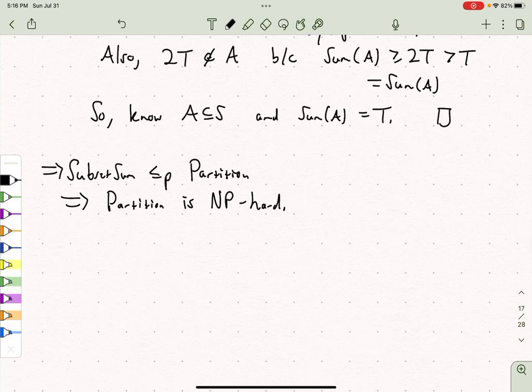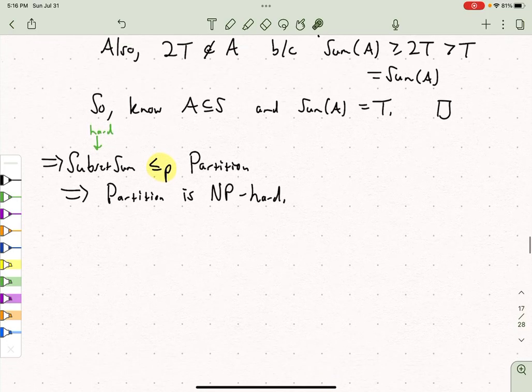Because again, we have that a hard problem is easier than partition. That's what this means. So subset sum is no harder than partition. And so a hard problem being easier than a problem implies it's also hard. And that concludes the story for partition.